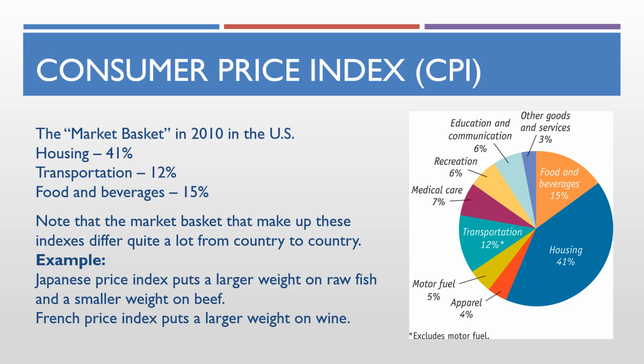In Japan, they might put a bigger weight on fisheries or rice, compared to the United States, where we put more on products like potatoes. Those are the foods that we usually consume every day, right? In France, on the other hand, they might put a higher weight on wine products, compared to other countries, because they are one of the largest wine-consuming countries in the world. So you can see how these market baskets can be very different across countries.